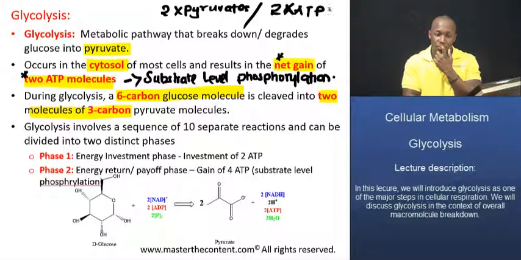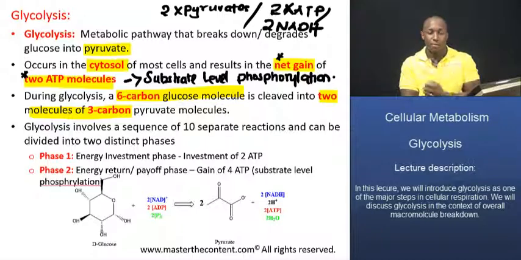And we also produce 2 NADH, that powerful reducing agent. Those are the main products of this process. It wouldn't hurt you to commit those to memory. It's really important to know the net products produced in this process, because a lot of questions are centered around that key piece of information.